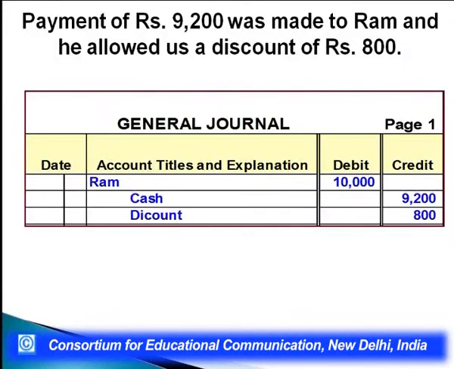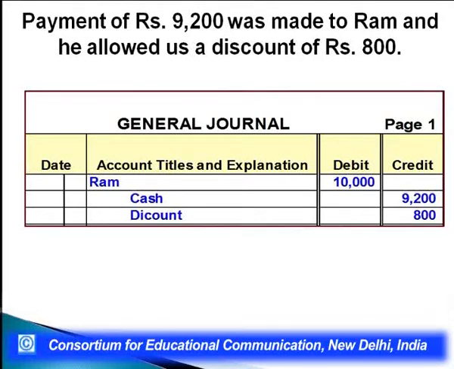So let's take one more example here. It says payment of 9,200 was made to Ram and he allowed us a discount of rupees 800. Alright, so kindly note down this example. Payment of 9,200 was made to Ram and he allowed us a discount of 800.